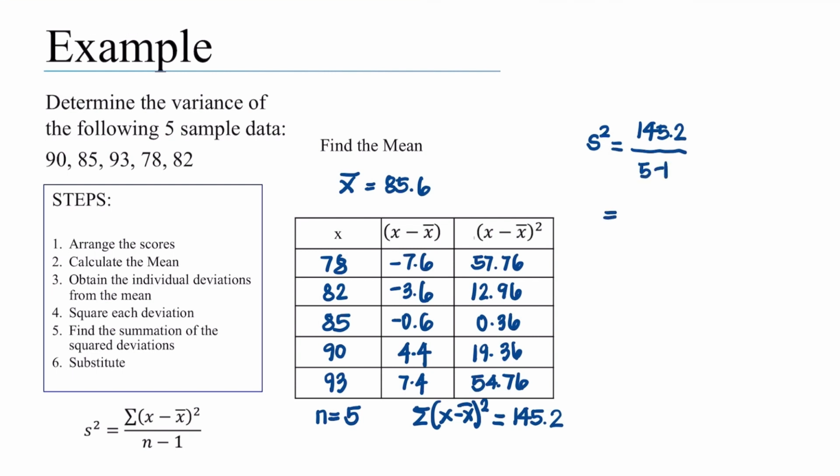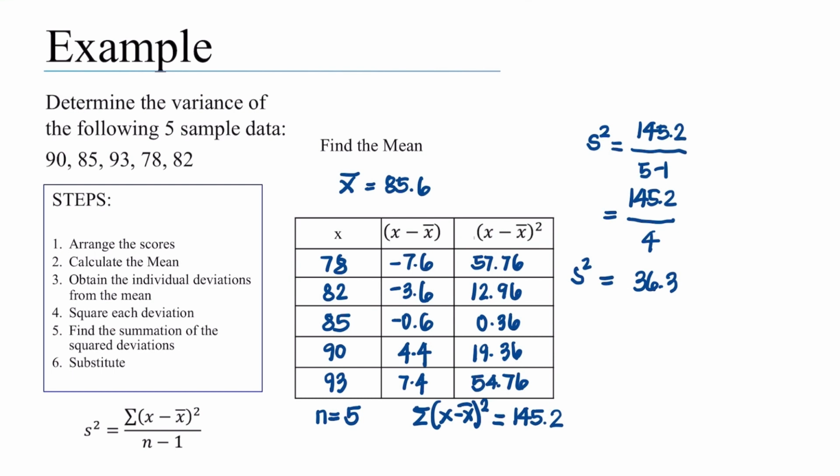In that case, 145.2 divided by 4 is equal to 36.3. Therefore, this is your variance.